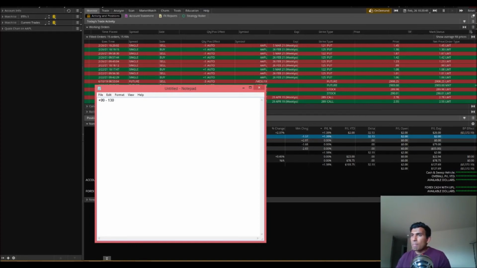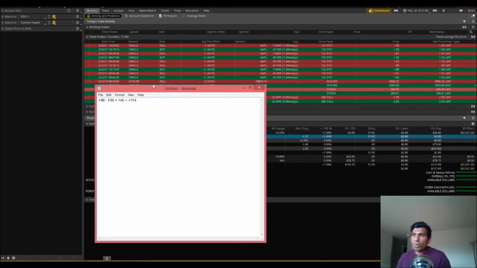And then I made $145 from selling the new cash secured put, which I sold after rolling the position. All in all, this is negative $31, and then this would become $114, if my math is right.